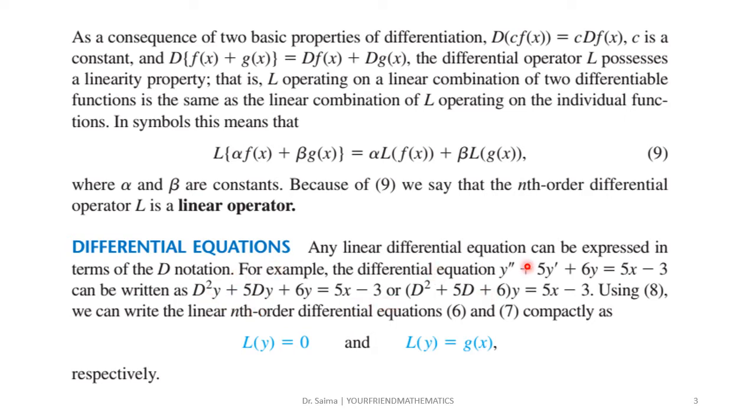So this differential equation can be written in the form of a differential operator, and all these terms have y, so we take y common, and it becomes a second degree polynomial of the differential operator. So if we write it as L, it becomes Ly is equal to g(x). Similarly, for a homogeneous equation, it will become Ly is equal to 0.